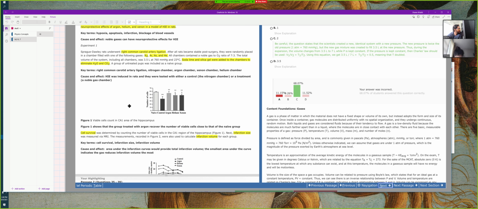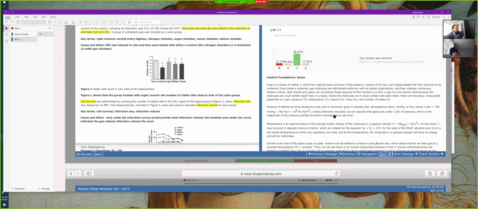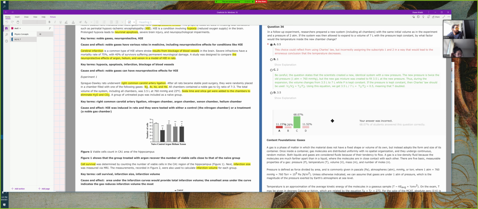Argon seems to be the highest. Helium and xenon seem to be pretty similar. This question is kind of discrete, I don't think it's related. I was just kind of interested.